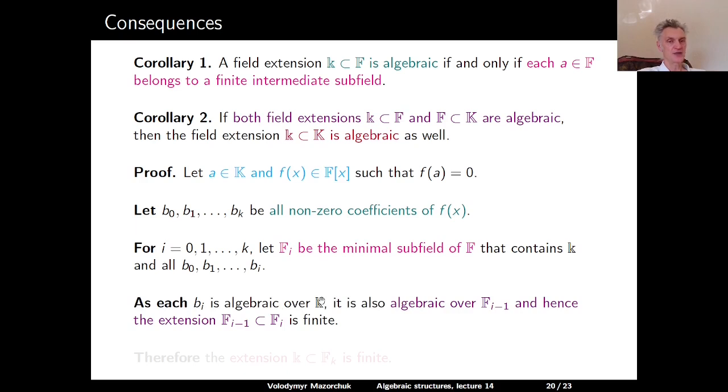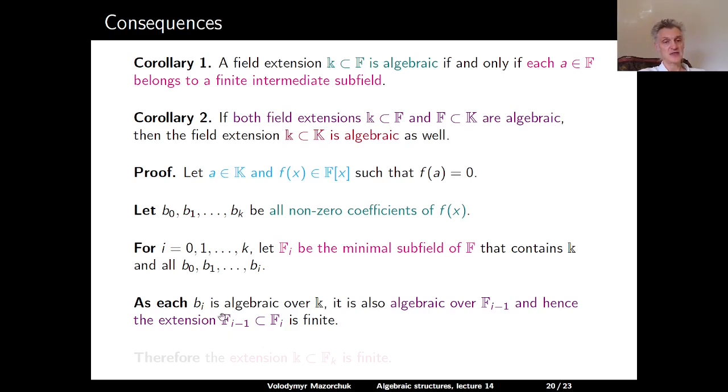Each bi is algebraic over k, because it belongs to F, and the extension of k to F is algebraic. And so it's also algebraic over F_(i-1), because F_(i-1) contains little k. So any polynomial with coefficients in k is also a polynomial with coefficients in F_(i-1).